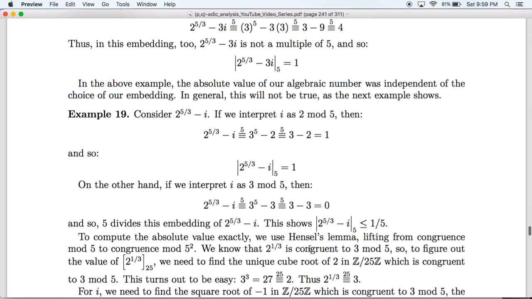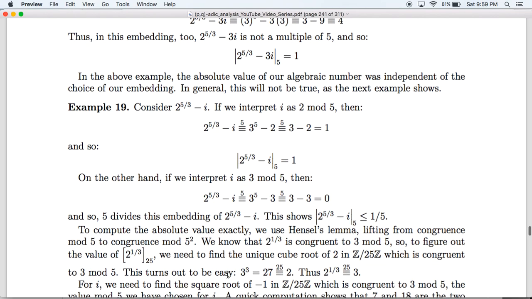So we're starting with the value for this. We're going to lift from a congruence mod 5 to a congruence mod 25. We know that 2 to the 1/3 is congruent to 3 mod 5. So to figure out the cube root of 2's value mod 25, we just need to figure out the unique cube root of 2 in Z mod Z25 which is congruent to 3 mod 5.